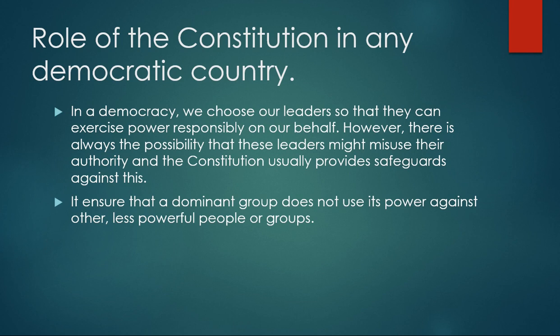In the same way, the majority group may use their power in the wrong way and may dominate the less powerful people. How can they dominate the less powerful people? Suppose there is a park in the society, and most of the people living around the park belong to one particular community, and the rest of the people belong to other communities.